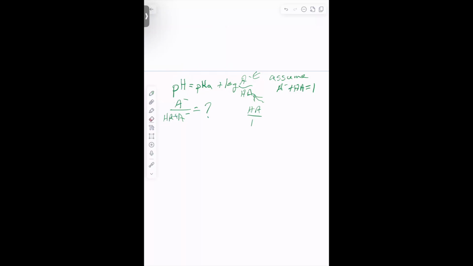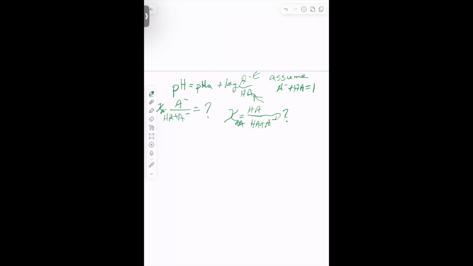Generically, we can put it this way. We're trying to figure out how we can solve for the mole fractions for both of these. This would be the mole fraction of A minus. This would be the mole fraction of HA.